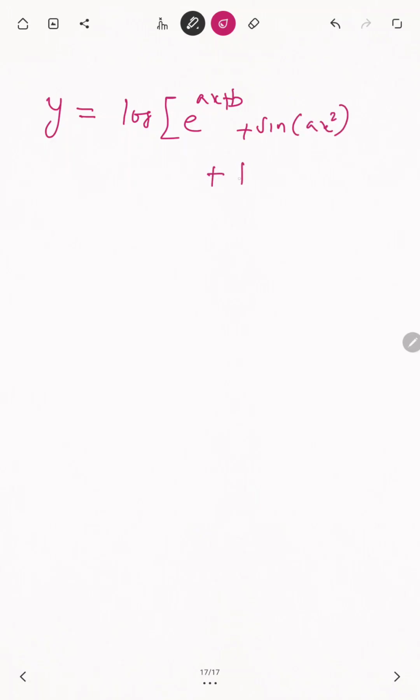Next sum. y is equal to log of e power ax plus b plus sin of ax square plus tan inverse of 2x. Very nice question. Okay, now you write logarithmic function.